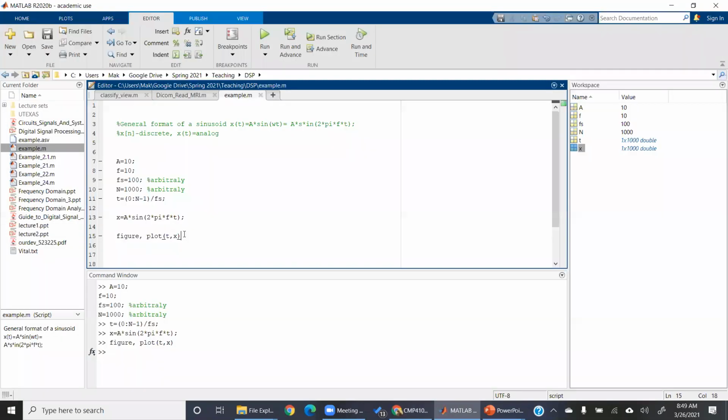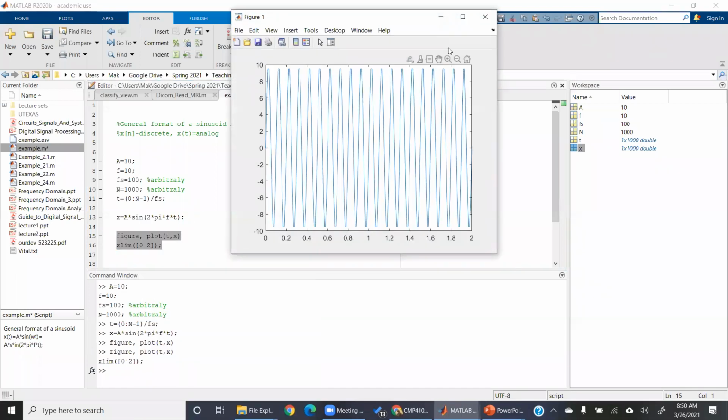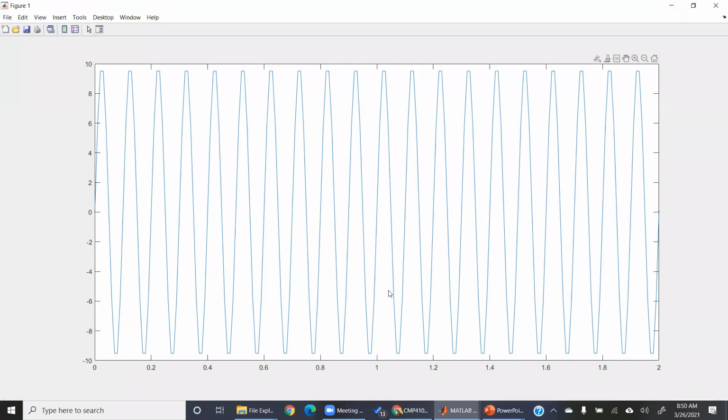I can limit the time axis using xlim, and I say, no, show me only from 0 to 2. And so if I run this again, you see that it's showing me only from 0 to 2.